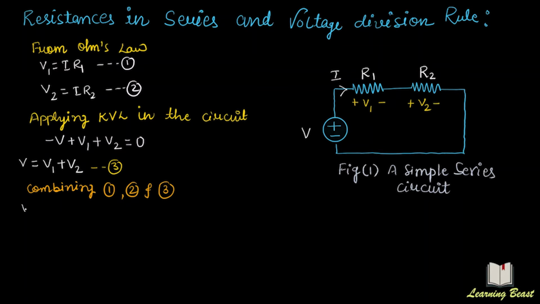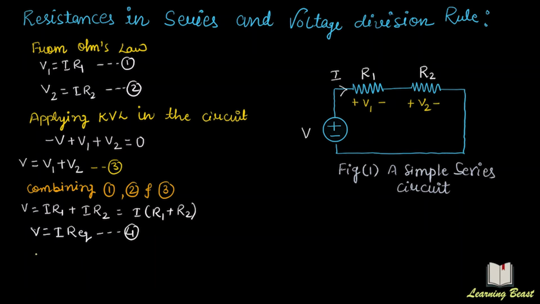We will get V is equal to I into R1 plus I into R2, that can be rewritten as I into R1 plus R2. This equation can be rewritten as V is equal to I into R equivalent. Suppose this equation is 4.